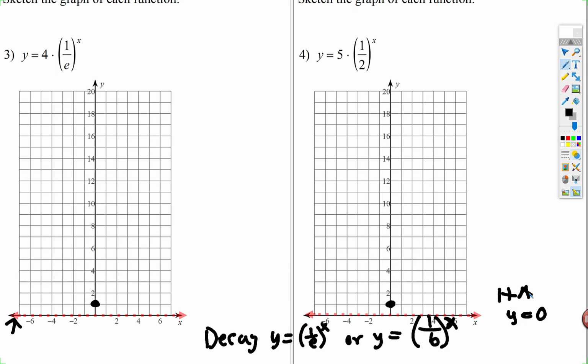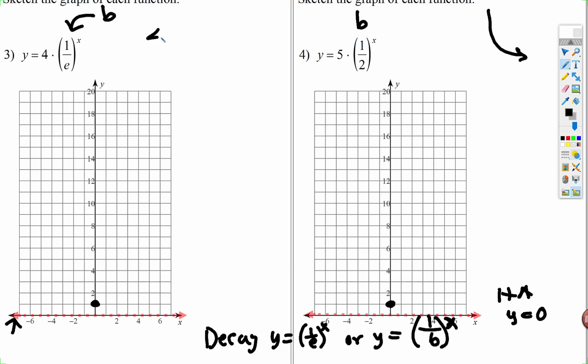Okay, now look at what we have. We have fractional bases. Remember, the number that has the exponent, that's called the base. When the base is a fraction, the graph is going to look like this. This is y.